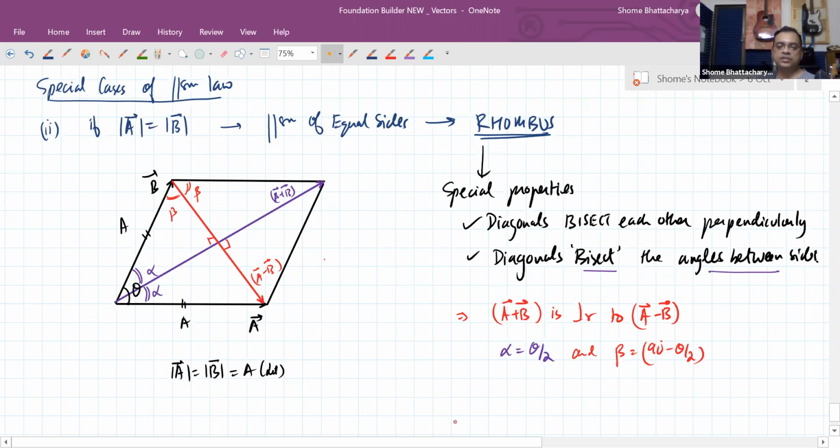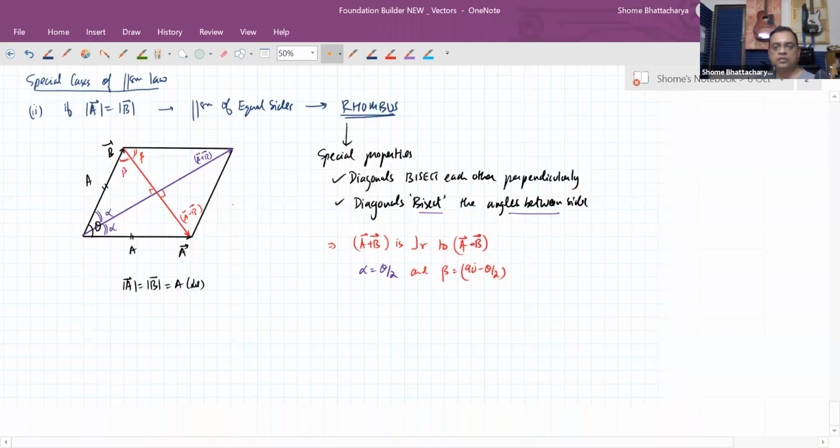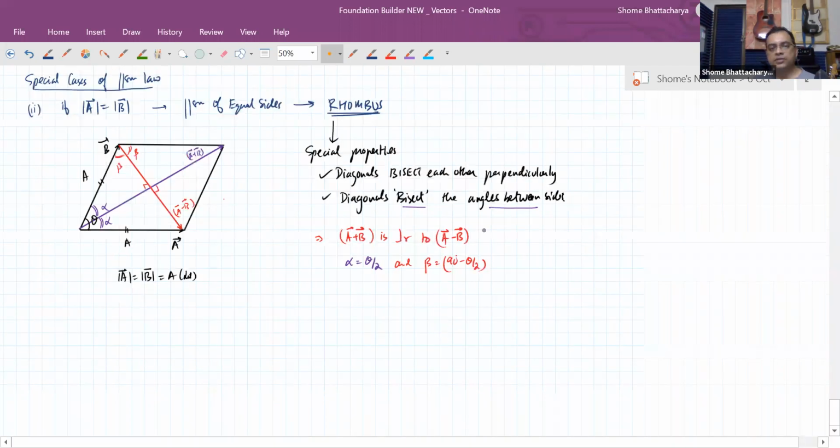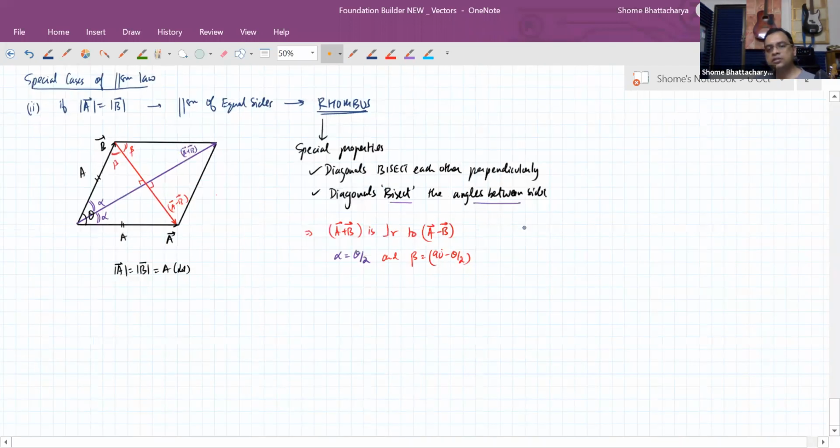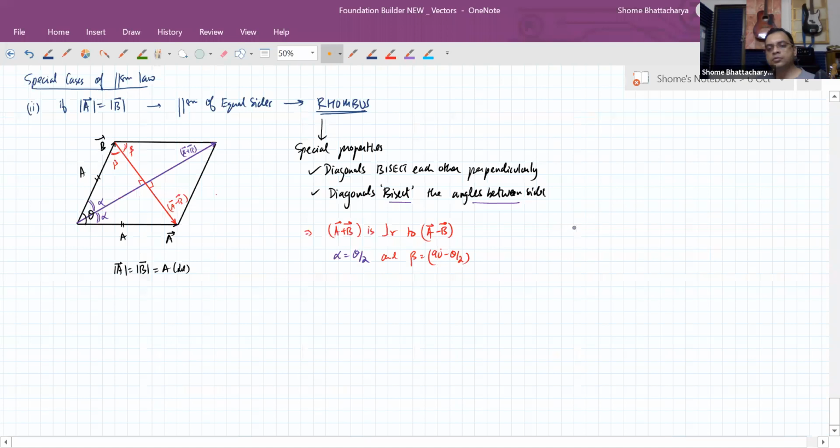So these become the special properties of vectors which are of equal magnitude. So these are the special properties of two vectors A and B when the magnitude of A is equal to the magnitude of B.